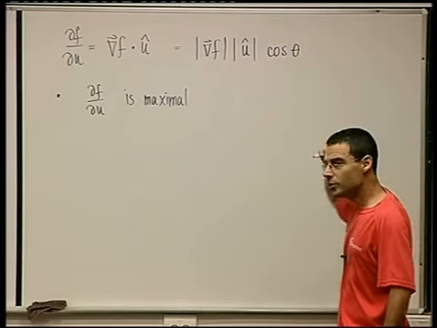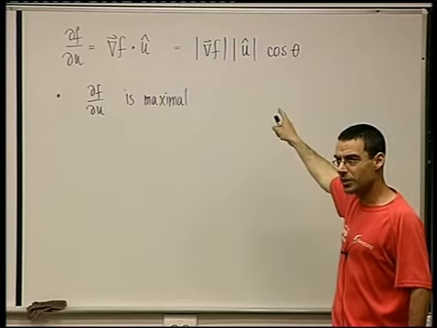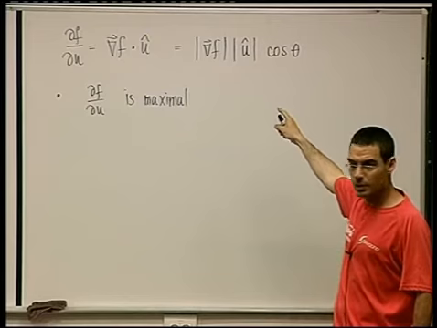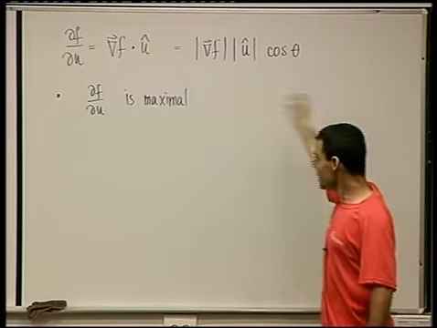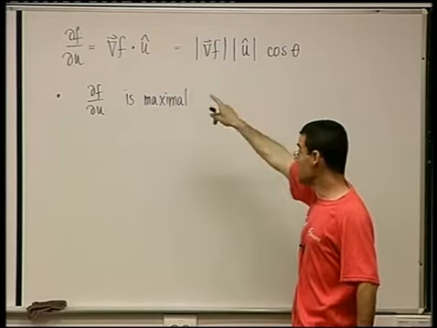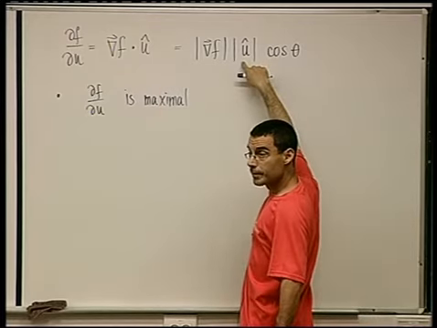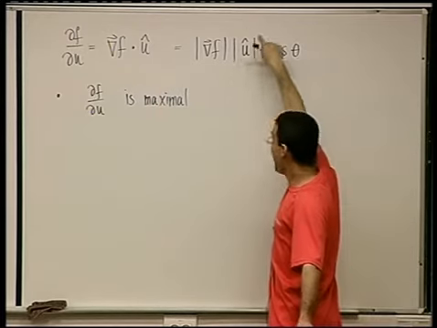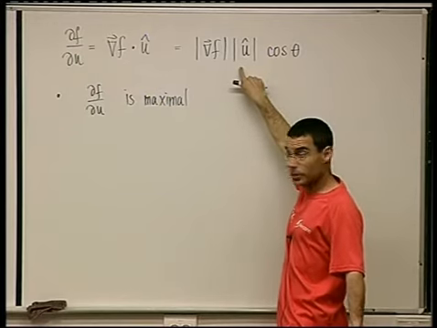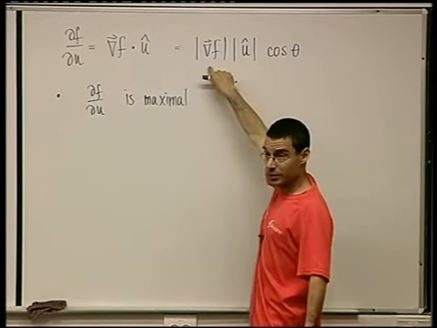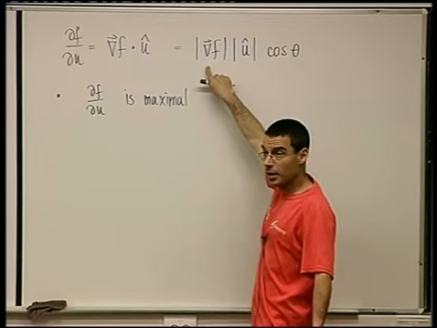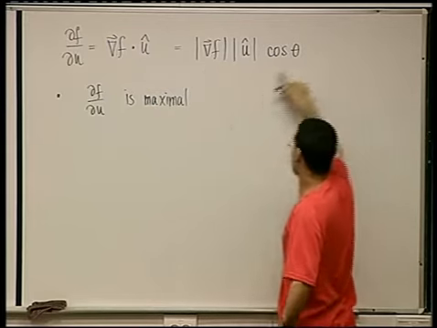Doesn't this remind you of the old days? Remember we discussed these things years ago? That's the definition of the dot product. What's this thing? This is 1. U hat is a unit vector. So this is 1, and this is fixed at a given point. So when is the directional derivative maximal?